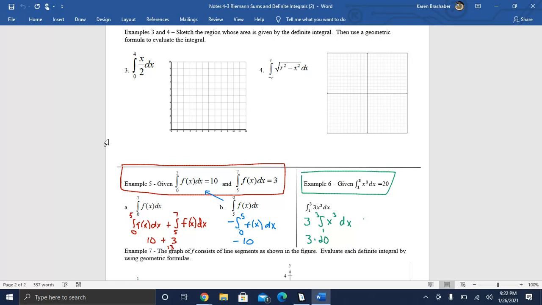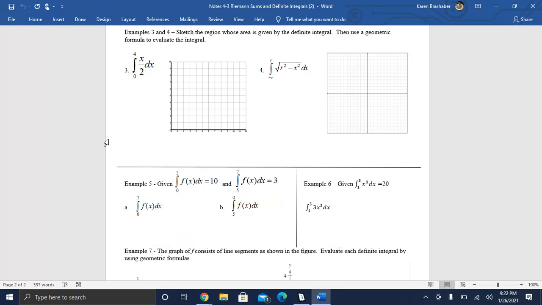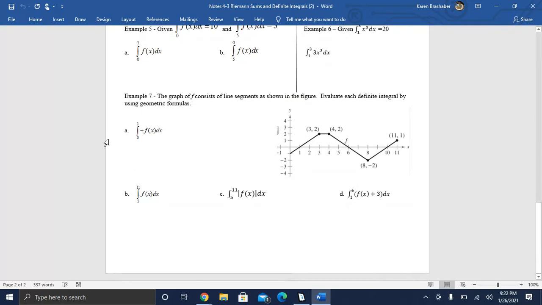So those are a few problems that use the properties of the integrals. And then we have one other example that is kind of a combination of using the properties and using the geometric shapes. So example number 7, I have a figure that we will use.